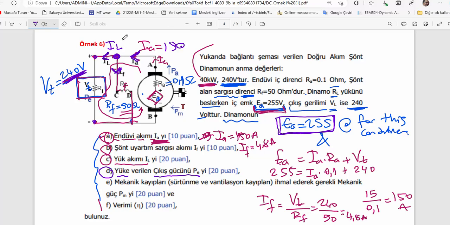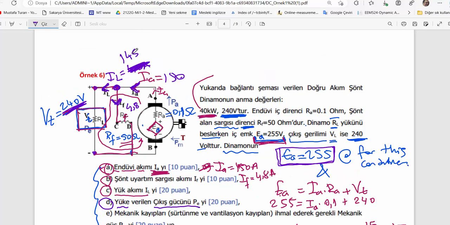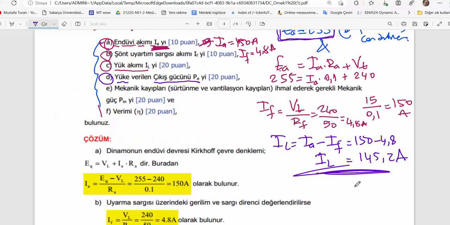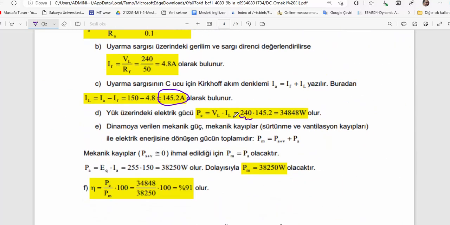And the current is, as you solved, 145.2 amps. So load current times terminal voltage makes the load power. That is the power delivered to the electric load.